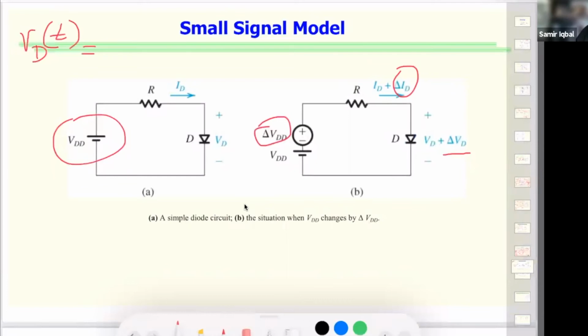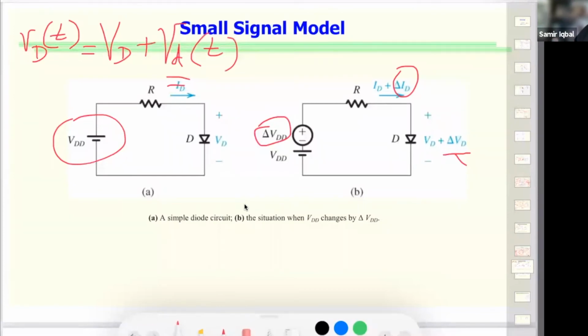This would be the DC VD plus a small change in the incoming signal. You have to see capital D and small d are just to distinguish what is the DC voltage across the diode and what is the time varying signal. So this is for the time varying. Instead of writing deltas, I'm just going to write it as vd(t).